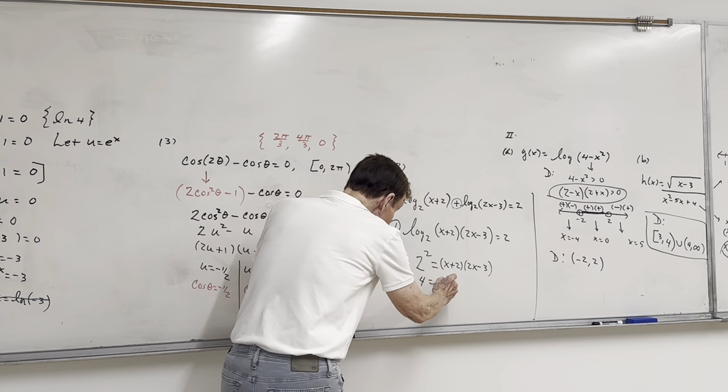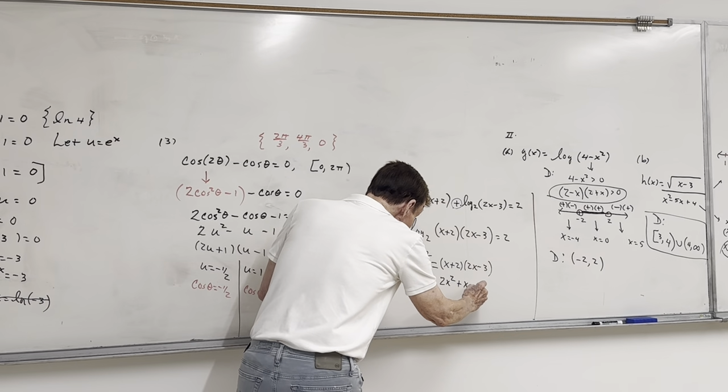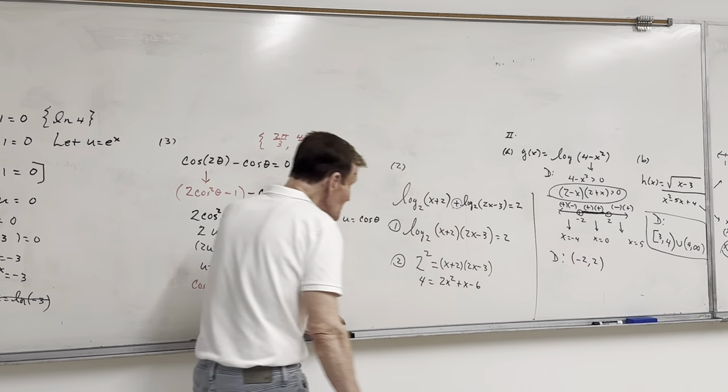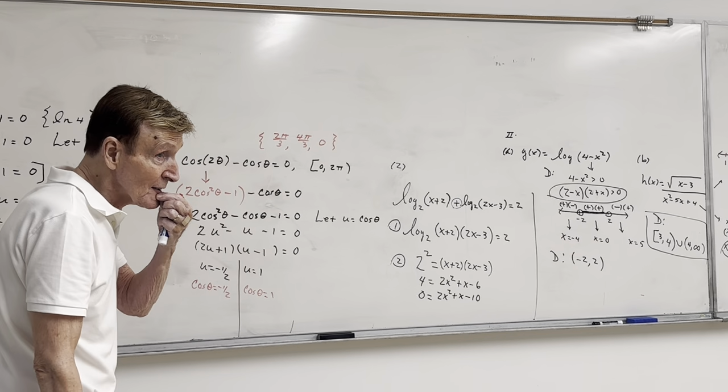Let me go ahead and expand this out, guys. This is 2x squared, I think it's going to be plus x, subtract 6, if I'm looking at it correctly. Let's subtract 4 and rewrite it in good form: 2x squared plus x minus 10. You guys agree?